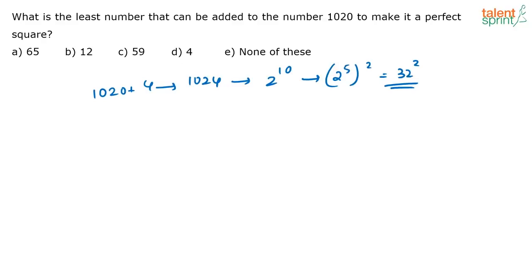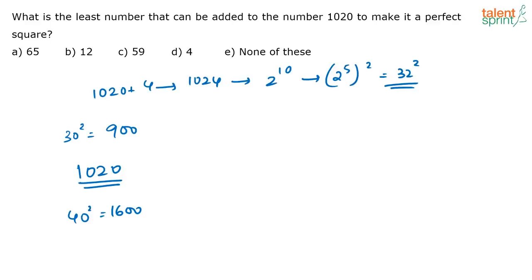So how you generally approach this question is, take this 1020 and in your mind consider any two square values which you know for sure. 10 squared, 20 squared, 30 squared, 40 squared, all of us know this, correct? 40 squared is 1600. 30 squared is 900, right? So now you know for sure that this number lies between these two squares.